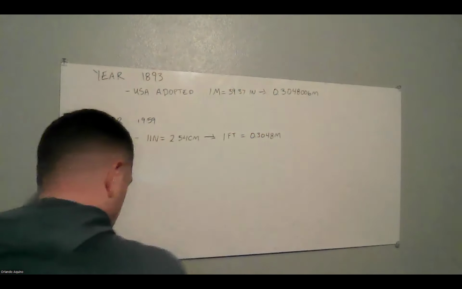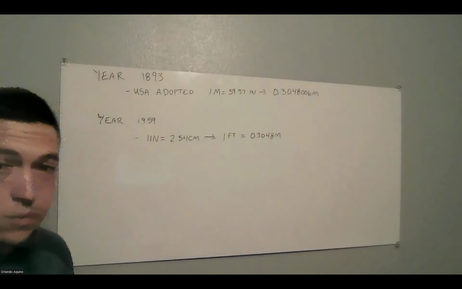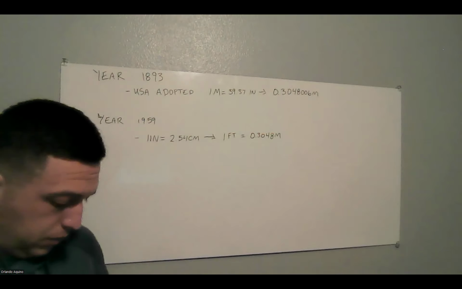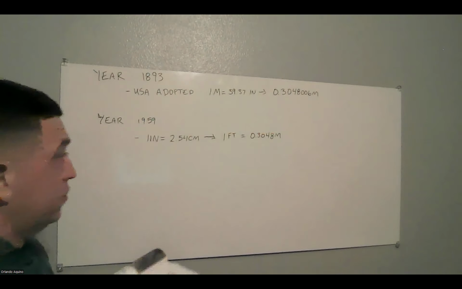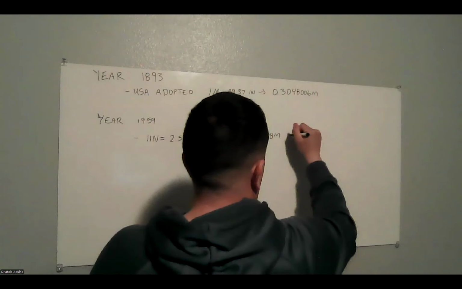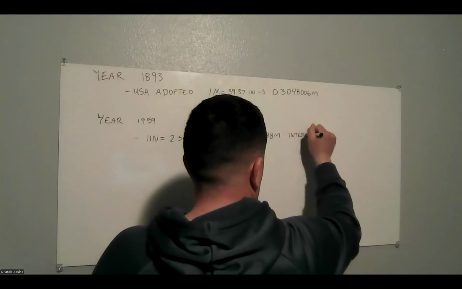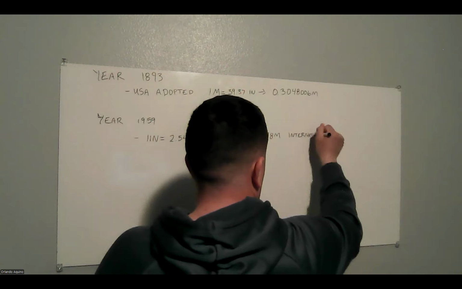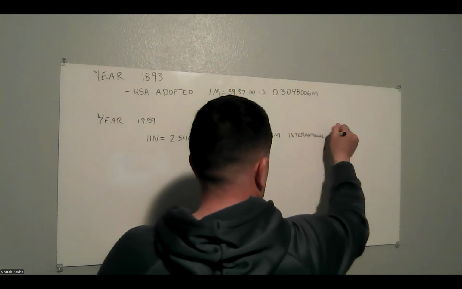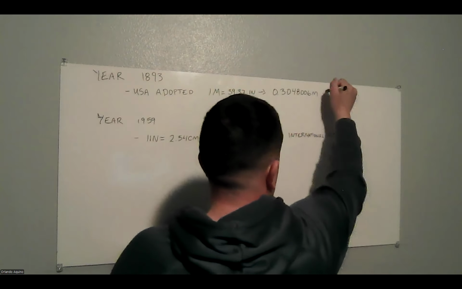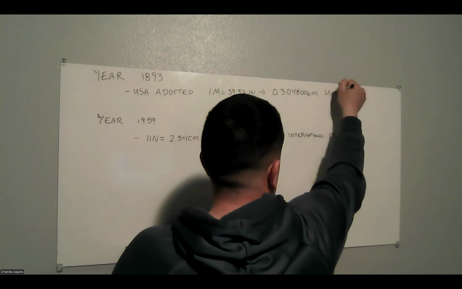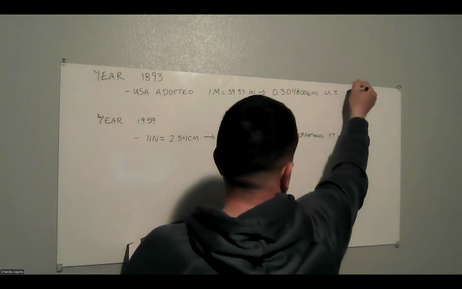Okay, so what does that have to do with our world? Well, with our world, this is known as an international foot, right? This has to do with the U.S. survey foot.